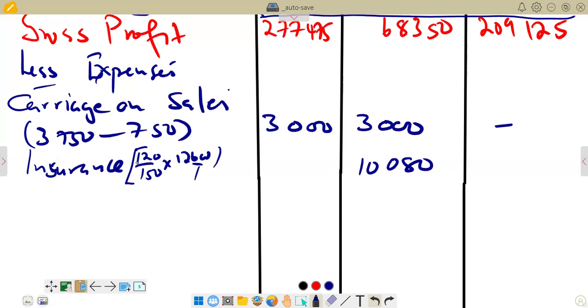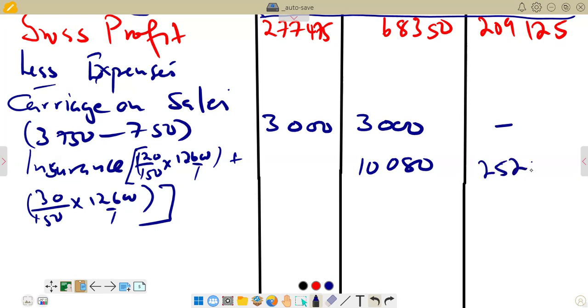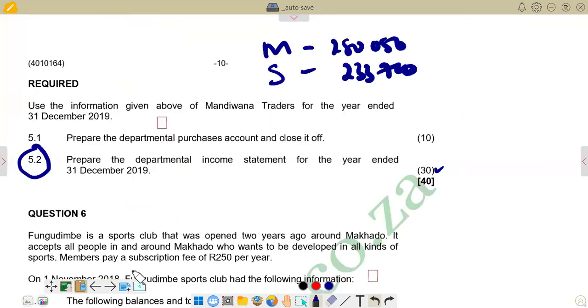And then we add the second calculation, 30 over 150 times 12,600. For the second calculation, the answer that we are going to get is 2,520. Then we add the two, and we are supposed to get 12,600. So we go again to check on the next item.